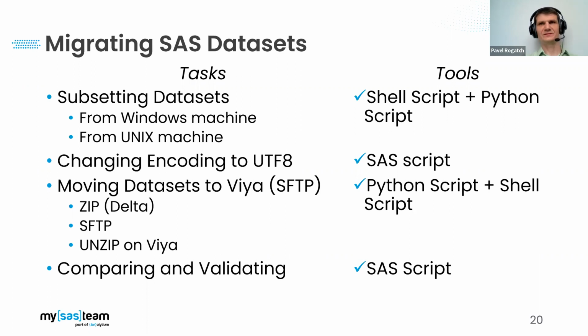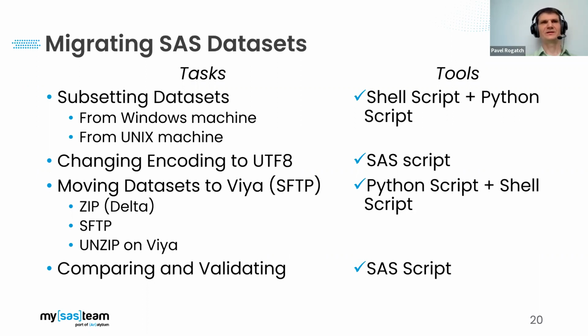As I said earlier, SAS Viya uses UTF-8 encoding, and the old platform used Latin 1 encoding, where every character is represented using 1 byte.